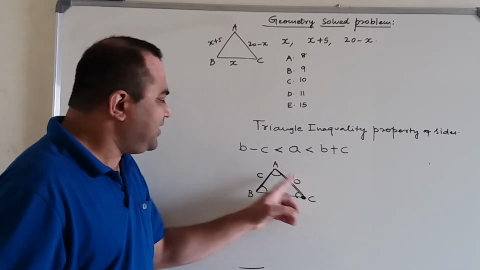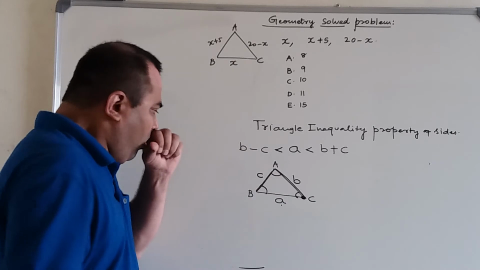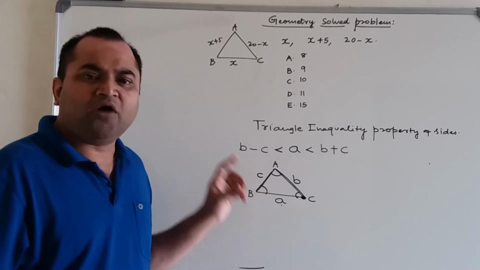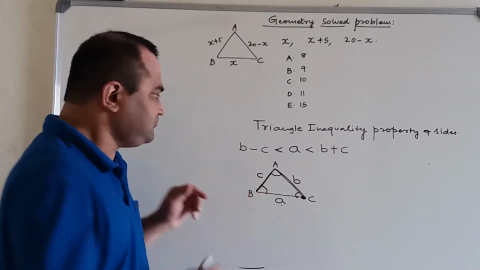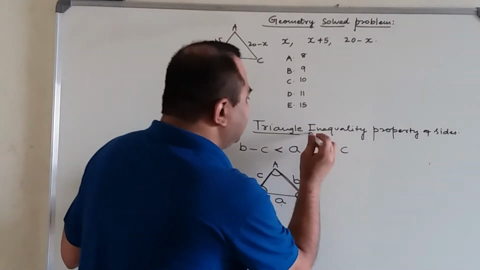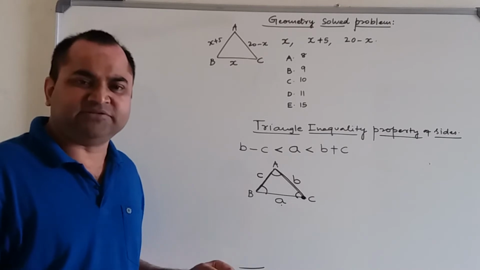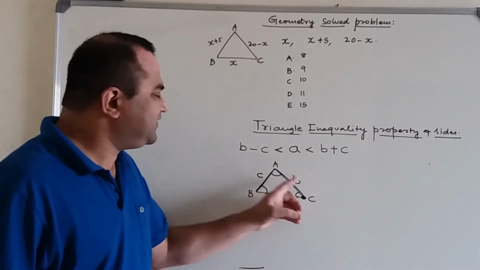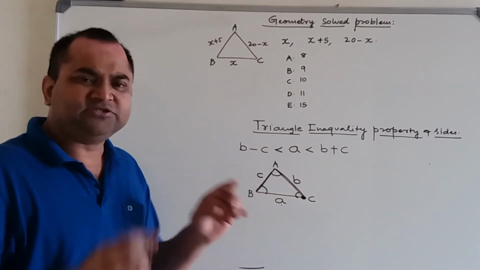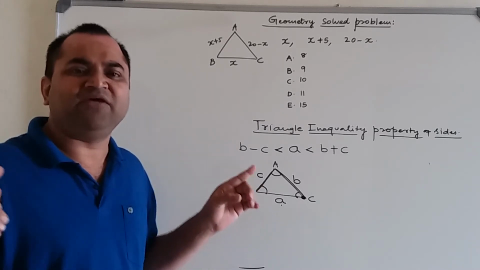Let small a, b and c be the lengths of the sides of the triangle. Then the triangle inequality property of sides lays conditions on the lengths of the sides of the triangle so that a triangle is properly formed.